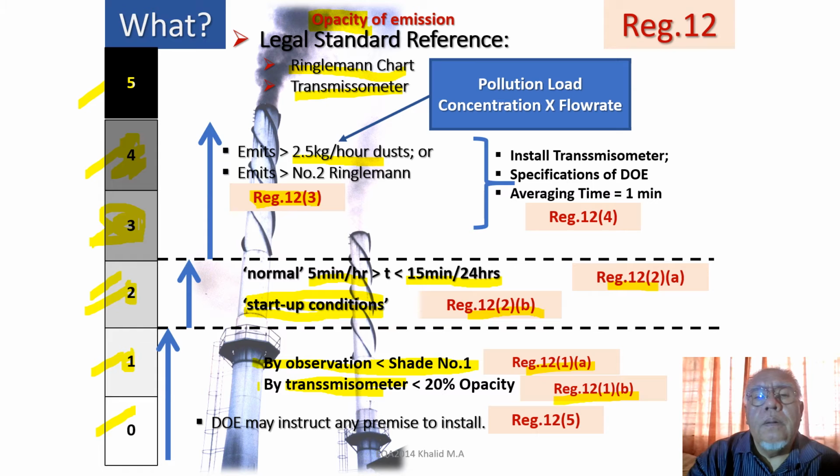See, why I say loading? Because it is mass over time. How to get this? Your contractor datang to your factory, pasang, panjat ni, nampak stack ni, panjat ni, buat isokinetic stack sampling ataupun any other sampling.